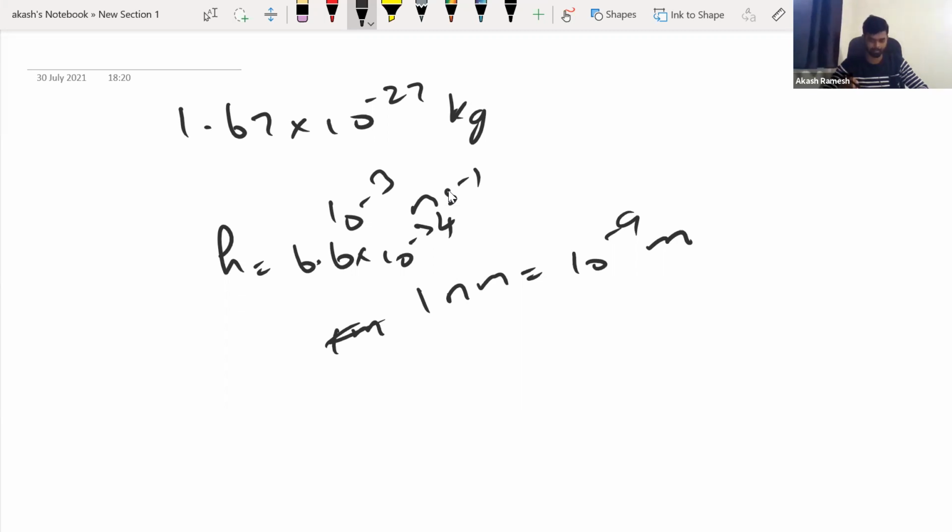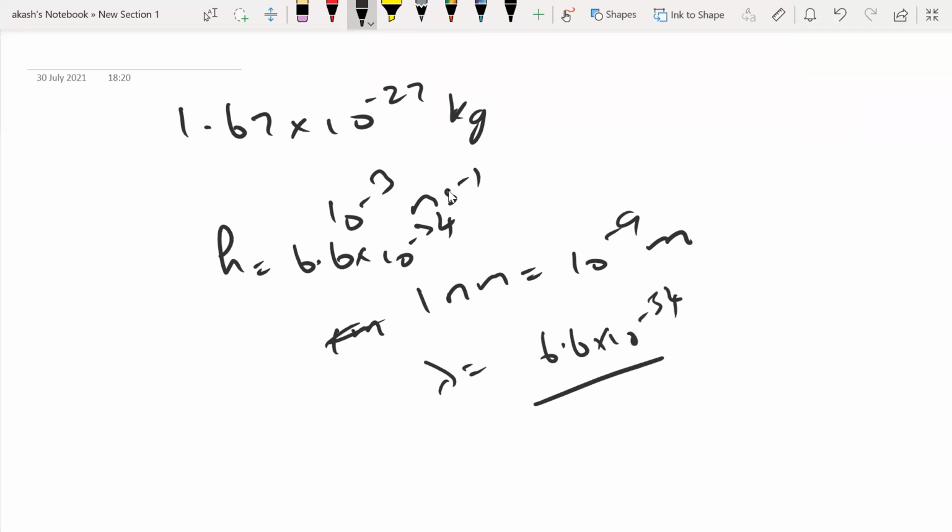Yes, sir. How are you getting 10 power minus something in nanometers? If you check, lambda is equal to h by mv, right? So 3.95 into 10 to the power minus 22 meters. In nanometers, are you getting these answers? I don't know what's wrong.